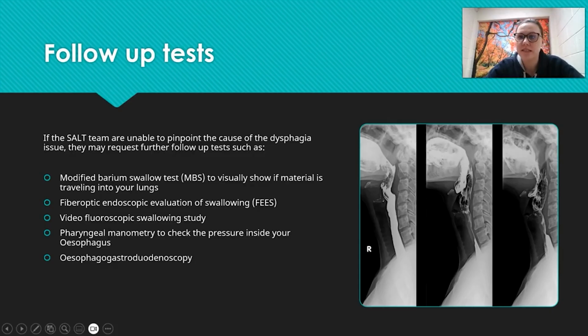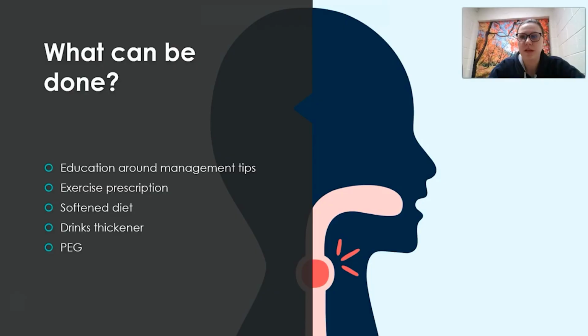It's basically like a live X-ray, and it watches the process of you swallowing some food, and they can see how it moves down towards the stomach. There are other tests as well, but I'm not going to go into those. But yes, if they need to do further investigations, they may also request other tests.